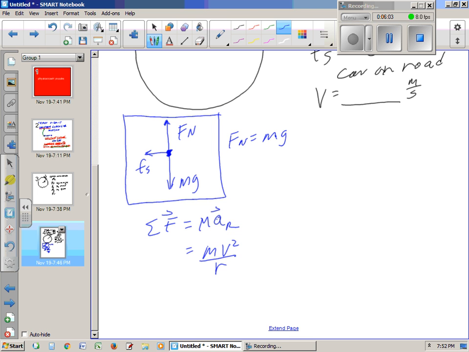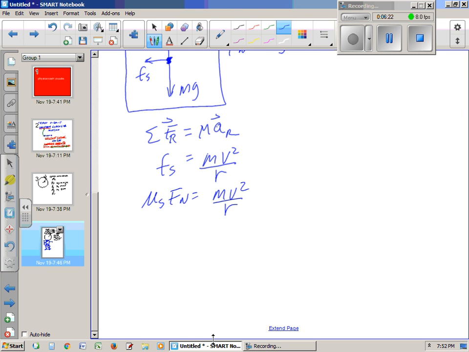And as we said before, the force that causes this, the radial force, is the static force of friction. That, of course, could be replaced by mu static Fn. Bring down the mv squared over r. And the Fn, as we just saw a few minutes ago, can be replaced by mg.